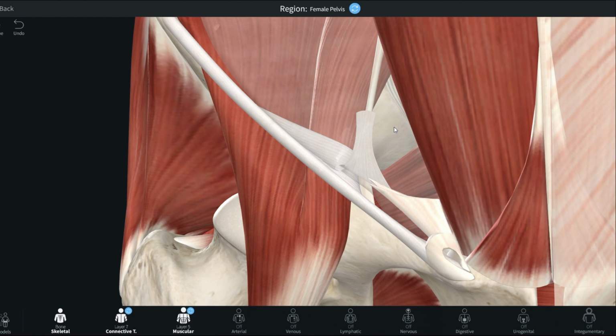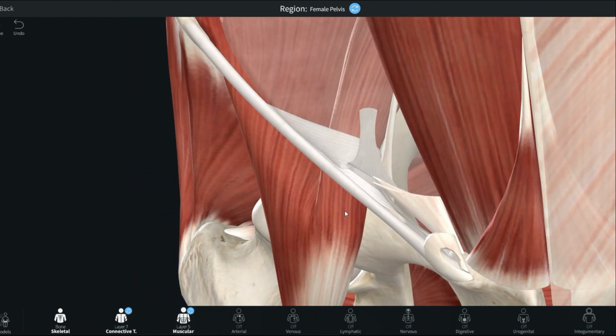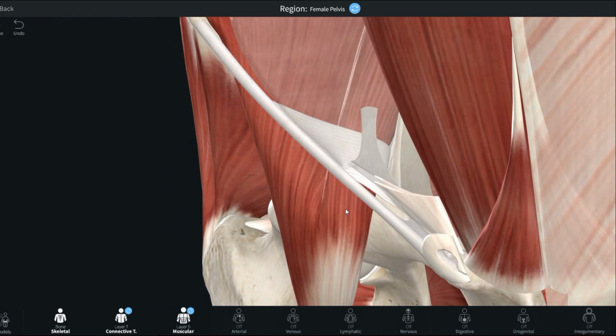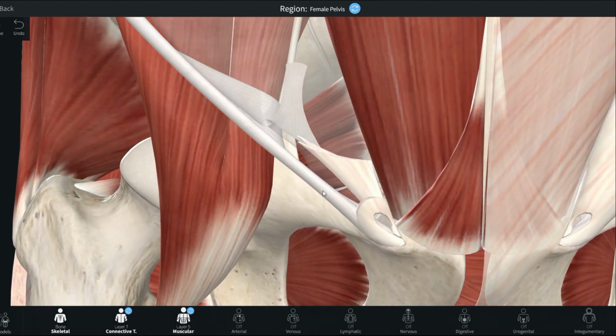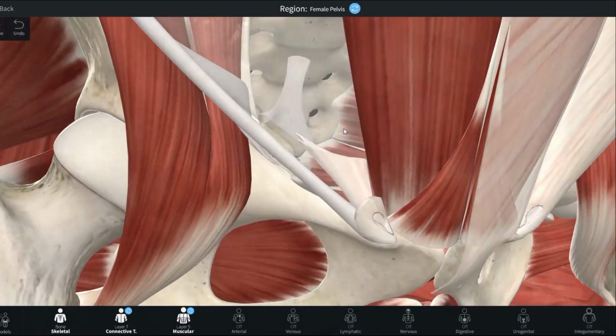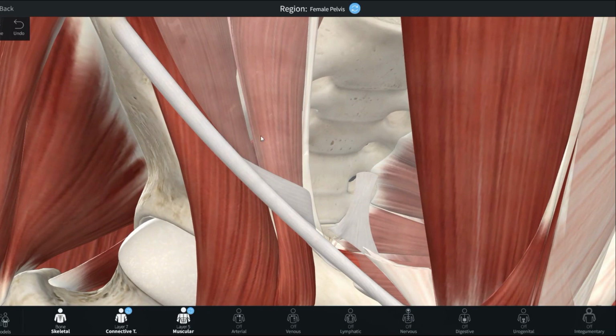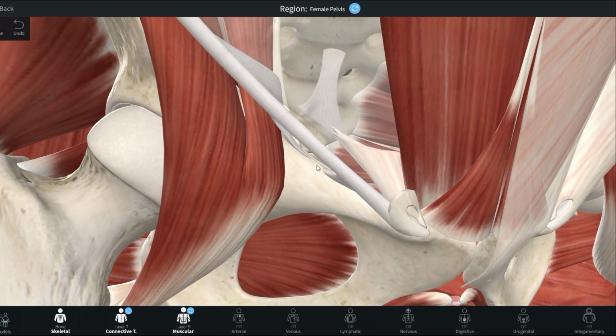Now we have to visualize the actual inguinal canal, and since it is a canal, it will have some anterior relations, or rather an anterior wall. It will have a posterior wall situated behind the inguinal canal. It will have a roof.